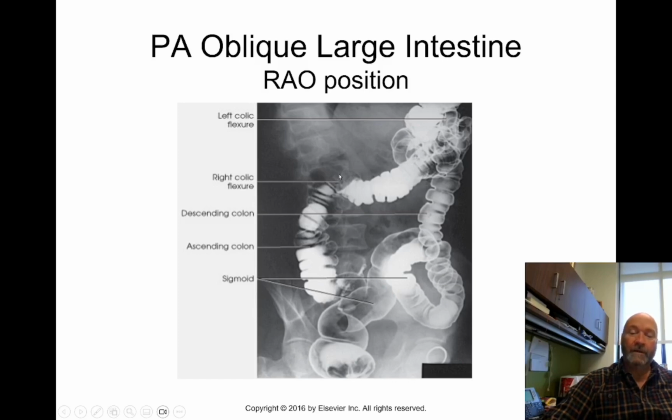position. But if it's an RAO position, based on what I was mentioning before, the barium should theoretically be in the hepatic flexure, the right colic flexure, and air should be over here in the splenic flexure. Sometimes things just don't match up. Evidence suggests this is an RAO, even though the image doesn't necessarily look like it.